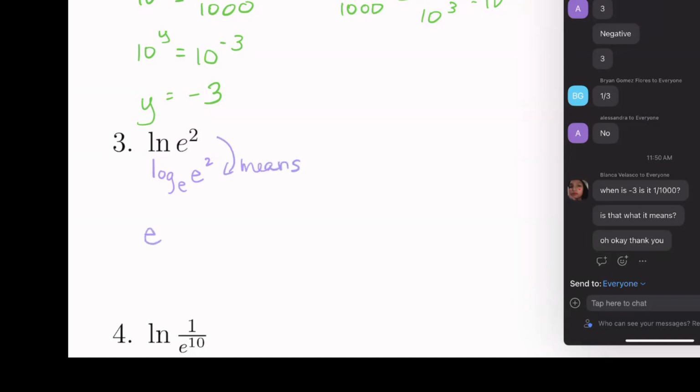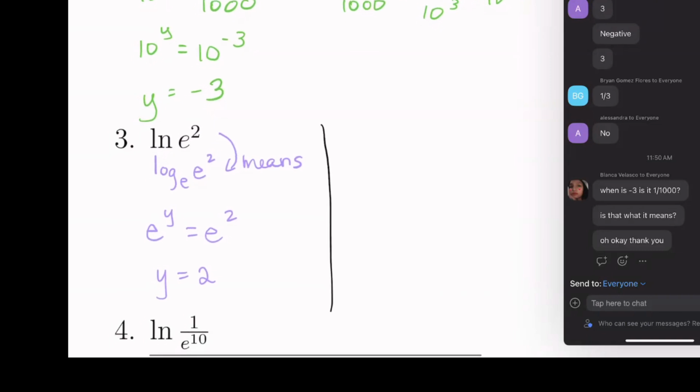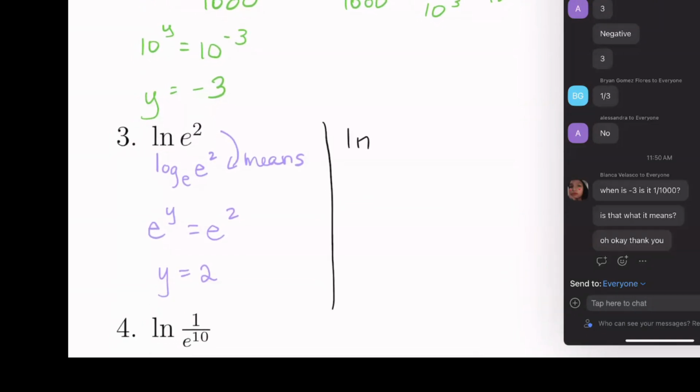So e to what power? e to the y equals e squared. That would be y equals 2. So if I were just looking at this, natural log of e squared, my answer would be 2.